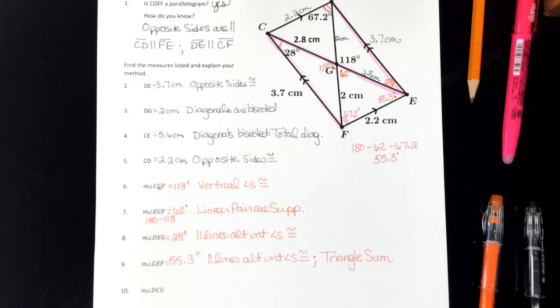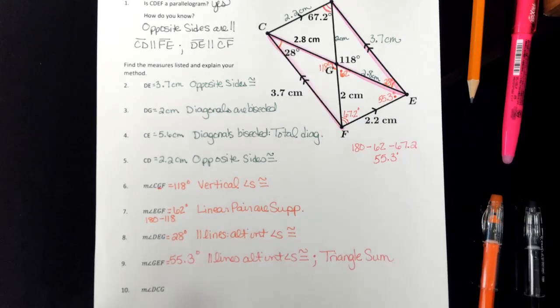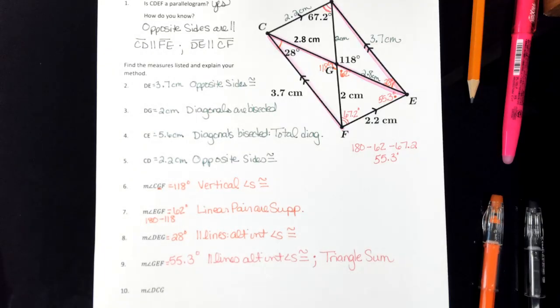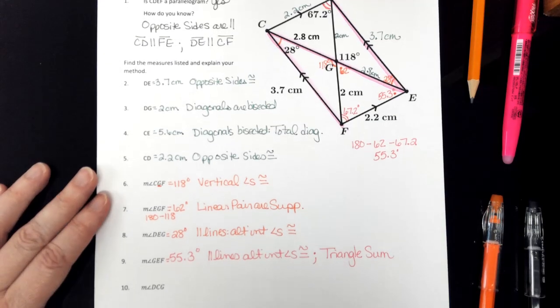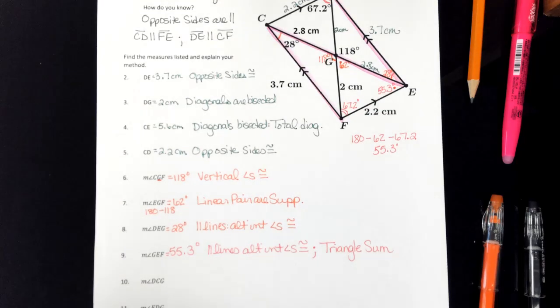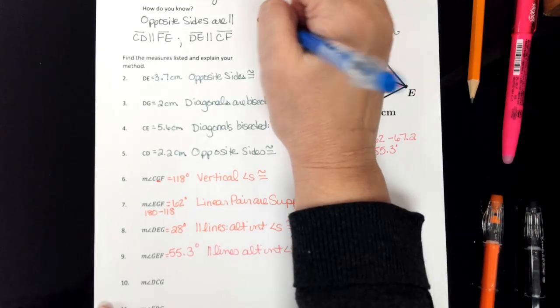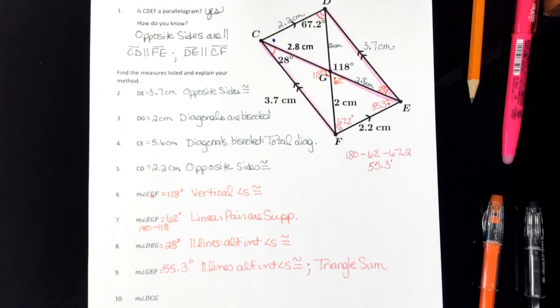All right, so the next part, measure of angle DCG. DCG happens to be this angle in that triangle.